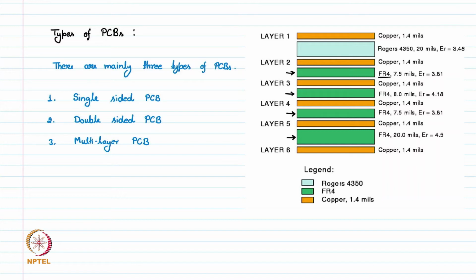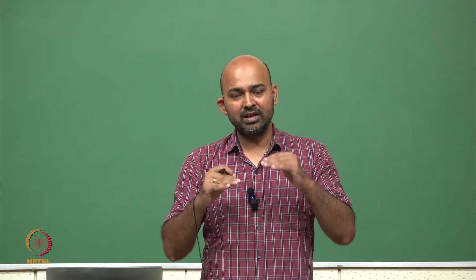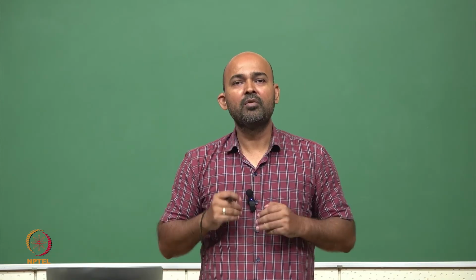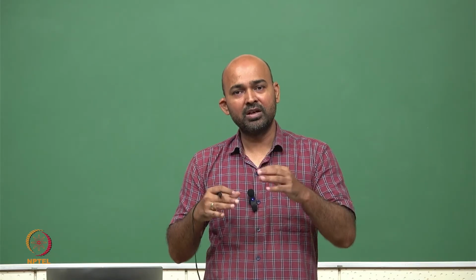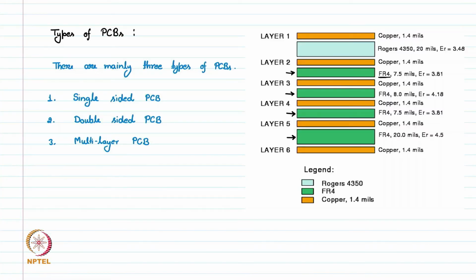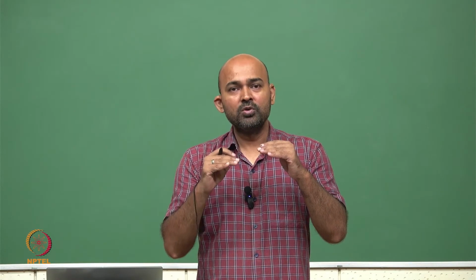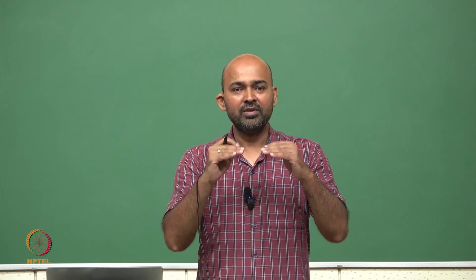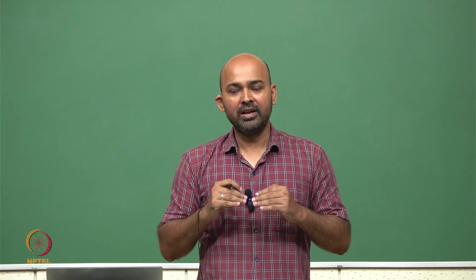We need to have so many layers to connect all these components. Of course, we do it with the help of software, and using this software we can optimize the circuit in a minimum number of layers, because if we increase the number of layers, the cost and complexity are going to increase. So we want to shrink our circuit in such a way that we use fewer and fewer layers.